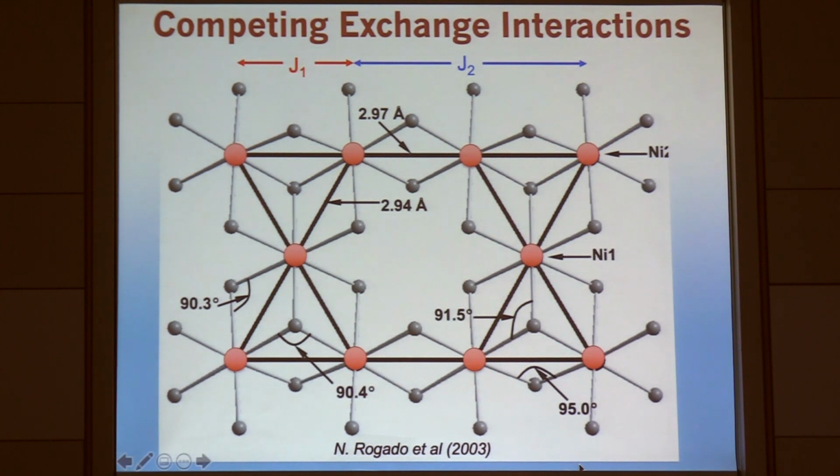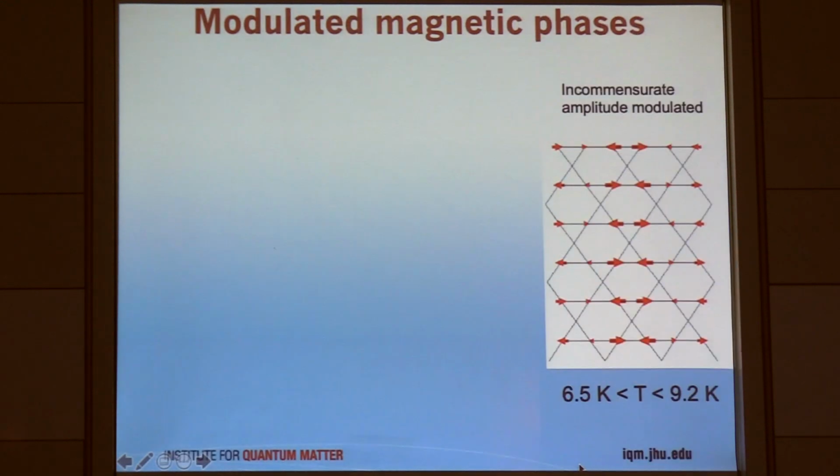So you naturally have this competition between two interactions, at least when this is an antiferromagnetic interaction. Then you have the competition that will give rise to some sort of interesting physics. In this case, it's actually an incommensurate modulated ordered state. So we did diffraction experiments to determine these ordered states, and there's a cascade of ordered states. You start off with a second order transition into an amplitude modulated state, indicated here.